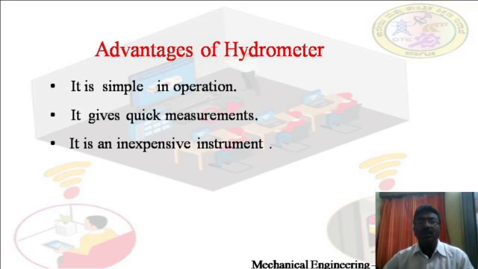That is, much time is not required for operating the hydrometer and taking the relative density of the required liquid. Then it is an inexpensive instrument. That is, the cost of the hydrometer is not more.